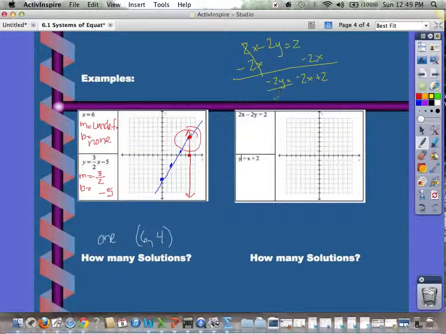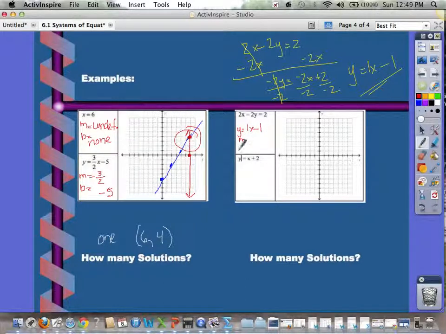Dividing everything by a negative 2, and this is where you really got to watch your signs. That'll leave you with y is equal to, because this goes away, negative 2 divided by negative 2 will make a positive 1x. And 2 divided by negative 2 makes a negative 1. So that's my equation right there. So I'm going to put that over here. Y is equal to 1x minus 1.